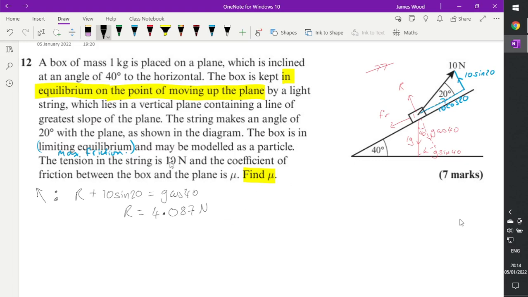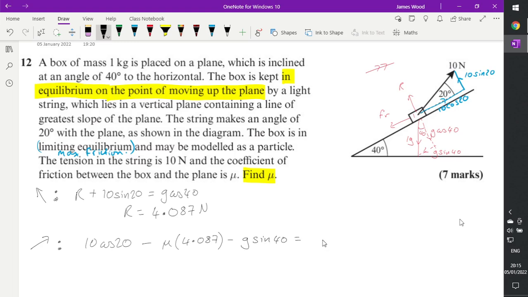And now, it's on the point of moving up, so I'm going to resolve up the plane. So the force pulling it up the plane is 10 cos 20. The force trying to stop it is friction, so that's going to be minus mu R, minus mu times R. And I've also got minus g sine 40.